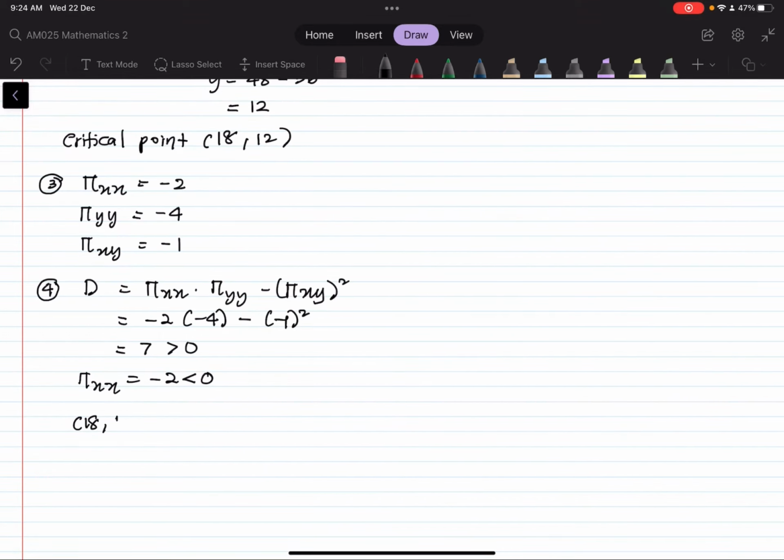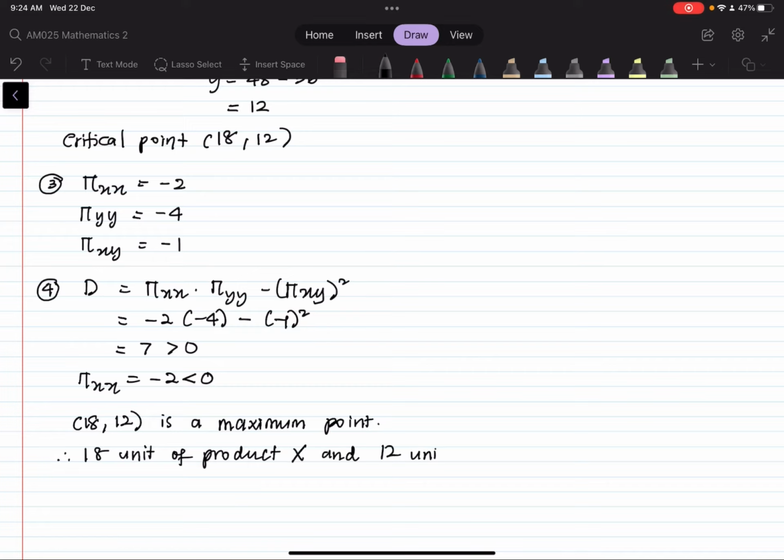So 18, 12 is a maximum point. Therefore, 18 units of product X and 12 units of product Y maximize profit.